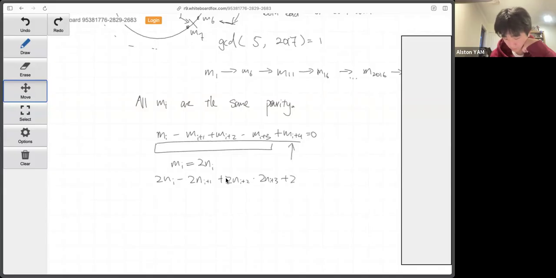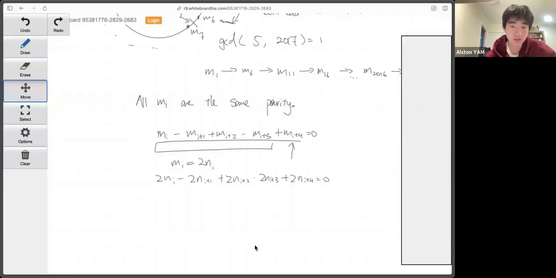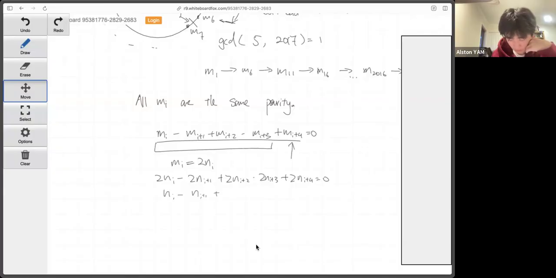And we can actually cancel out the 2's here. So we get that this is our new condition.